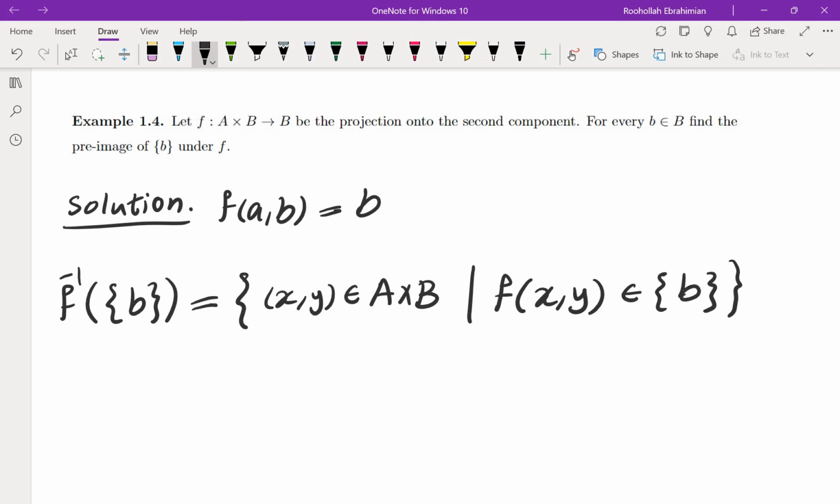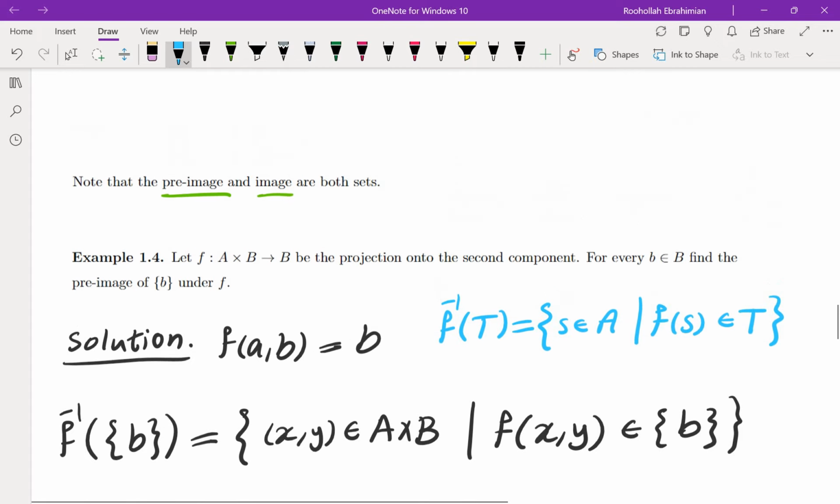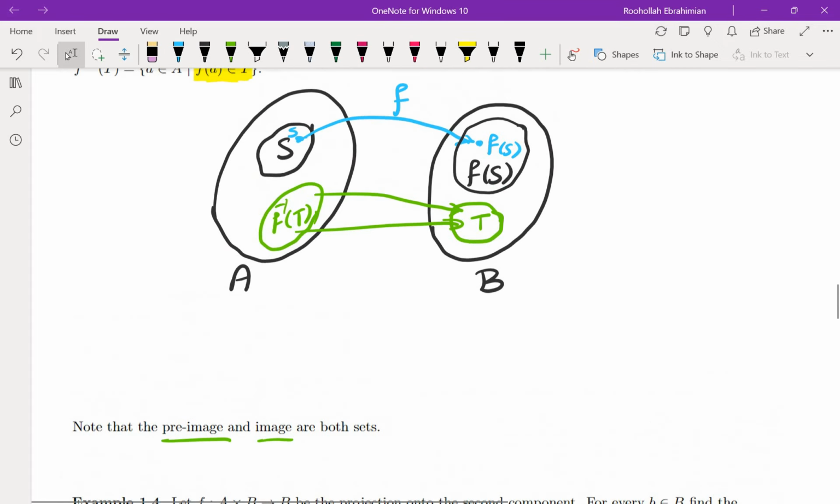Okay, so let's see why that is the case. Let's remember the definition. F inverse of T is equal to all of the elements in A that if I apply F to those elements, I get an element inside T. So let's go back and look at this illustration that I had here.